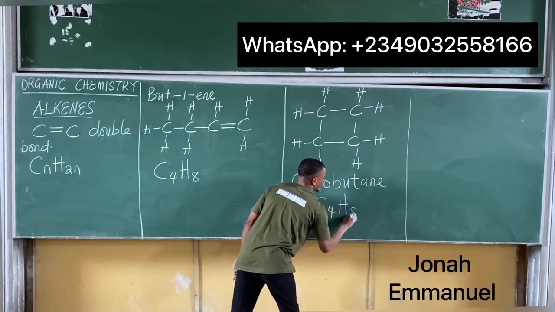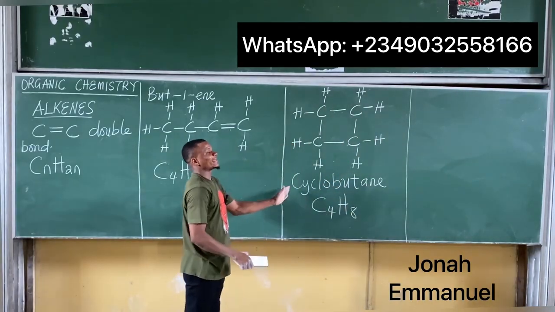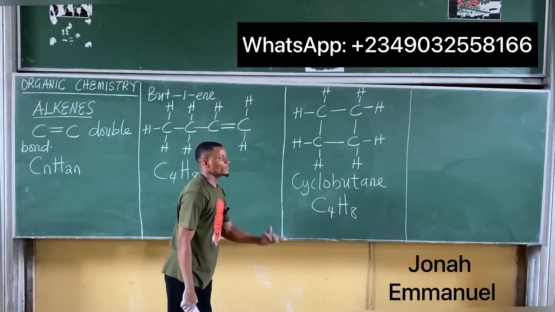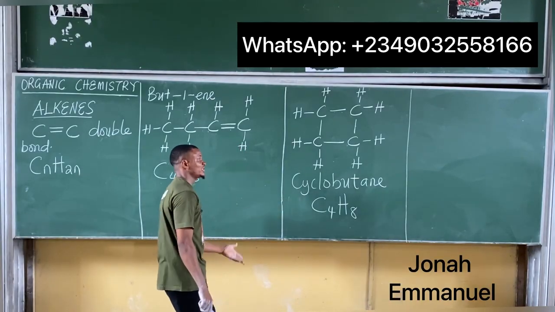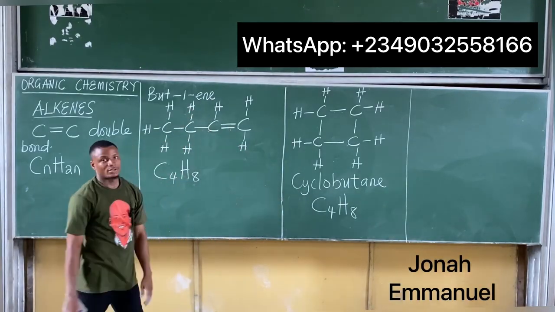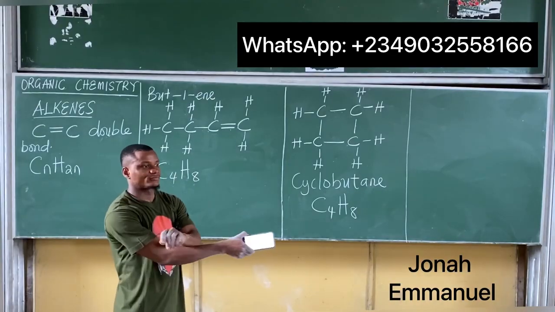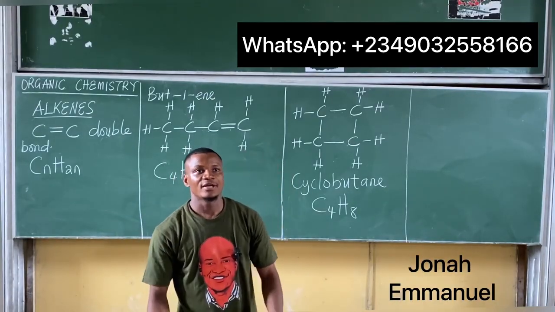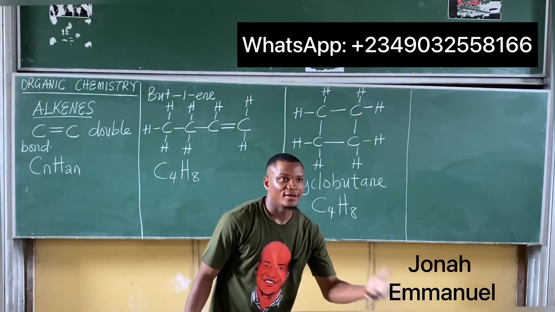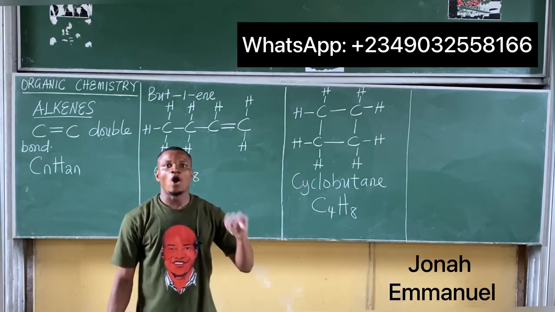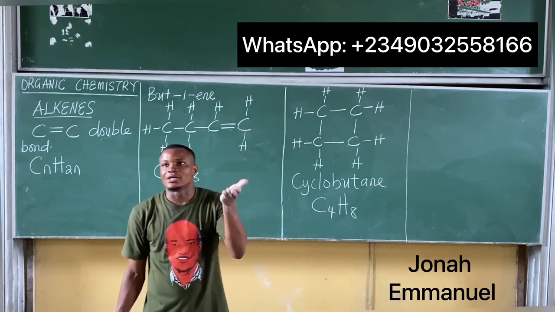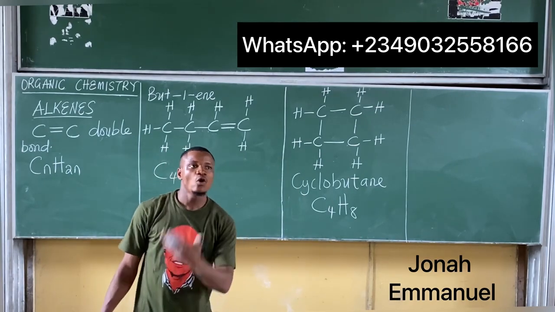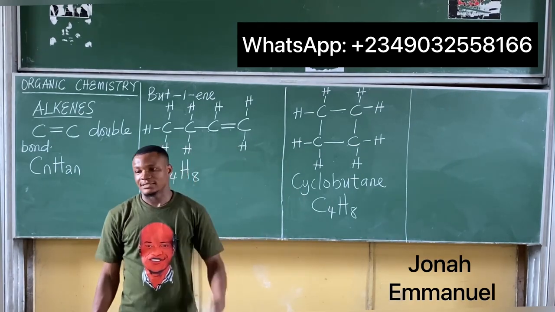So observe that the cycloalkanes are isomers of their corresponding alkene. Please take note. That means an isomer of propene is cyclopropane. An isomer of octene or oct-1-ene is cyclooctane. That's the idea.